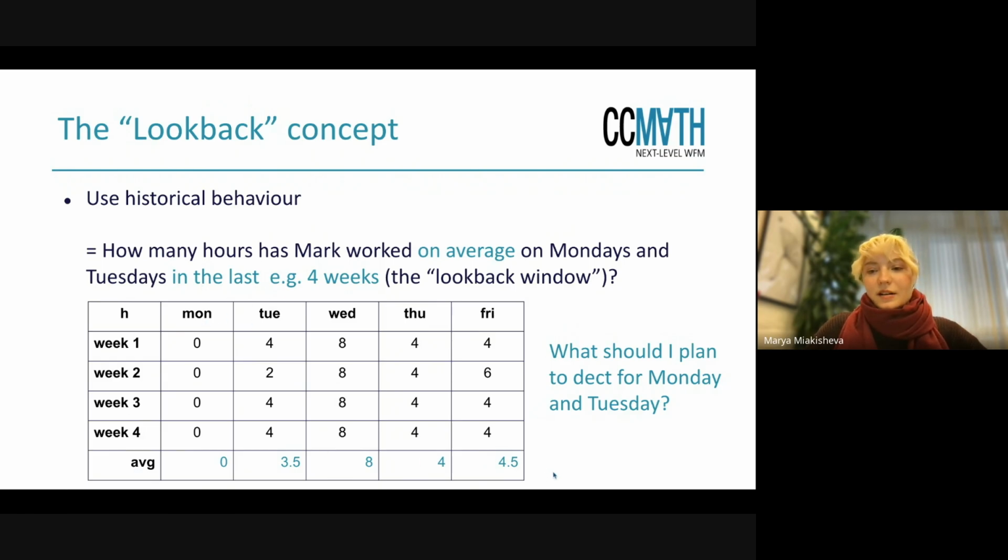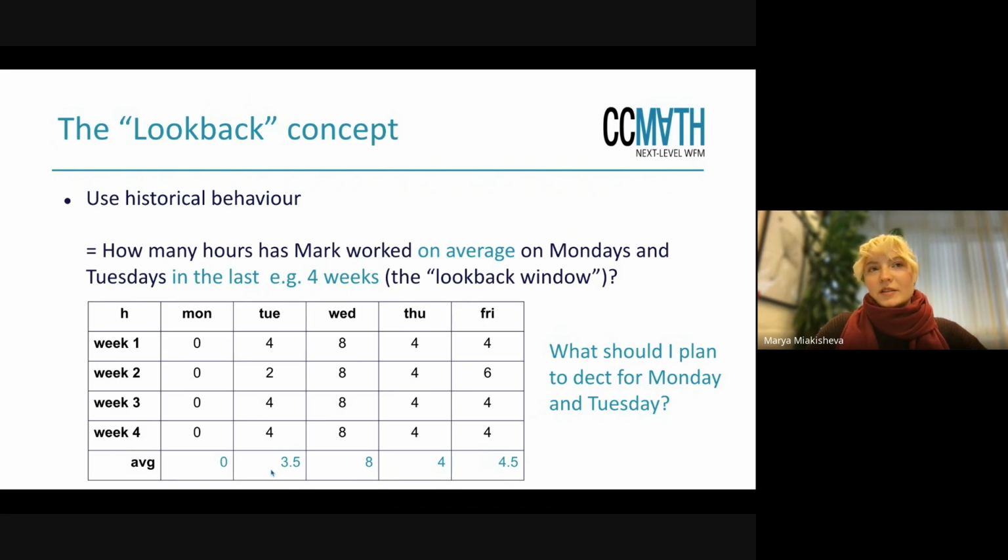And now, pretty straightforward, but what should I plan to deduct from Monday and Tuesday then? Four hours. Okay, that's an interesting suggestion. We see that 3.5 is the average. So we don't actually know.